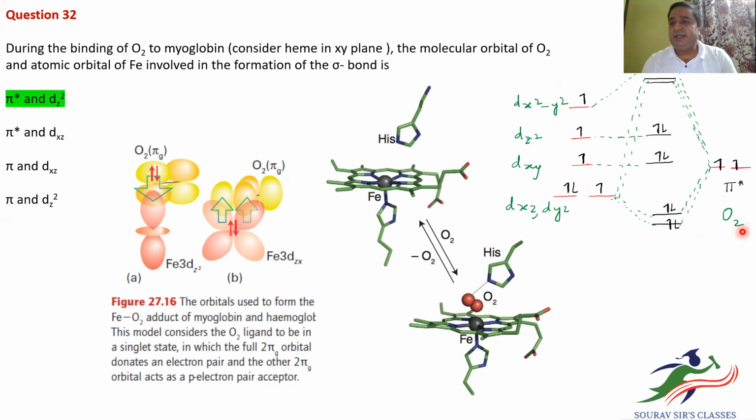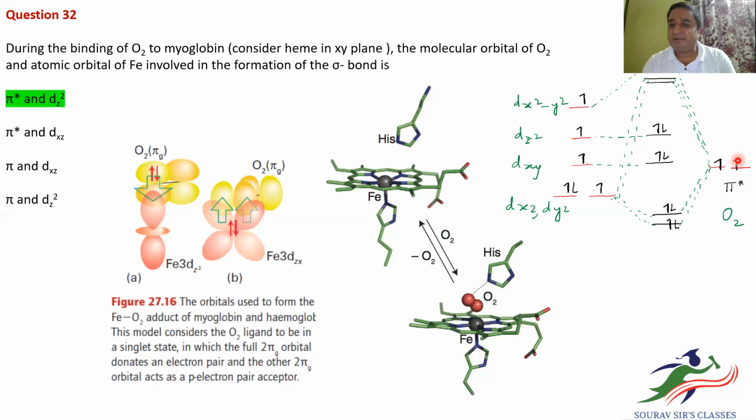All right. Now for oxygen, we have to consider the highest occupied molecular orbital, which is what? Pi star. Now when oxygen is acting as a ligand to hemoglobin, or myoglobin, this particular spin pairing will occur. So we can think this electron is going here, and this particular pi star becomes empty.